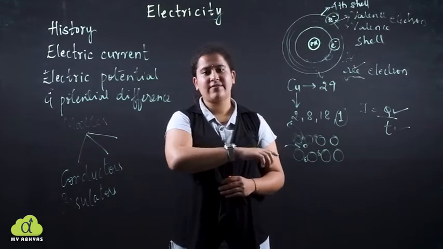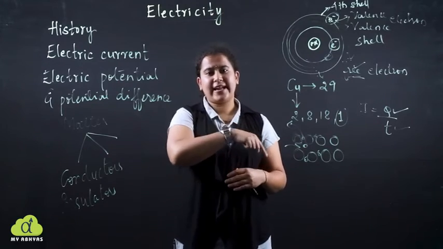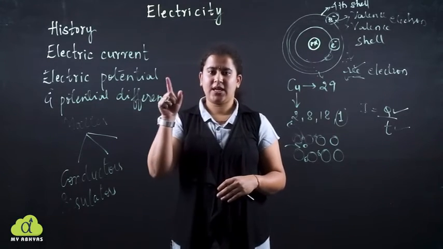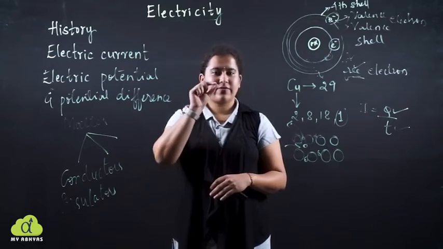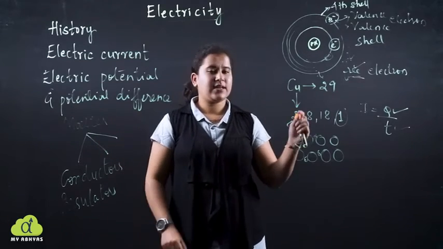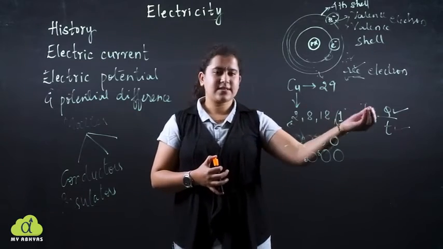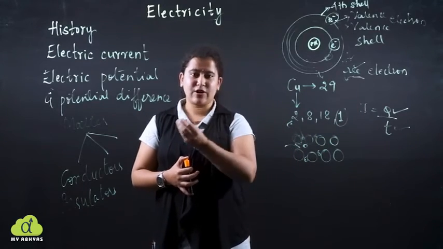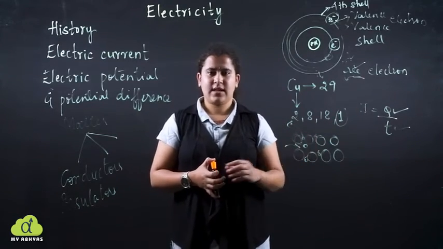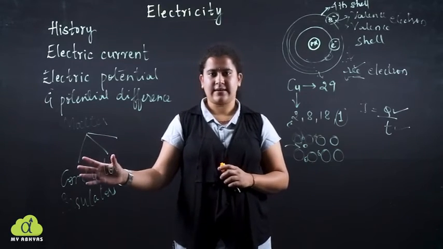Whenever energy is given, the free electrons start roaming or flowing. Whenever they start to flow, electric current is induced, because the definition itself says the rate of flow of charges. That is how conductors are.